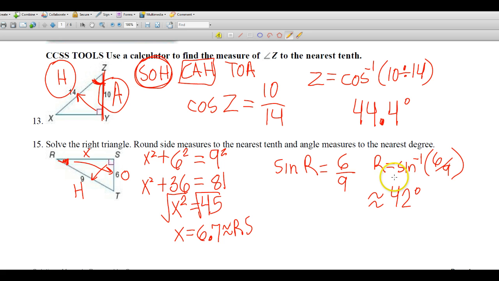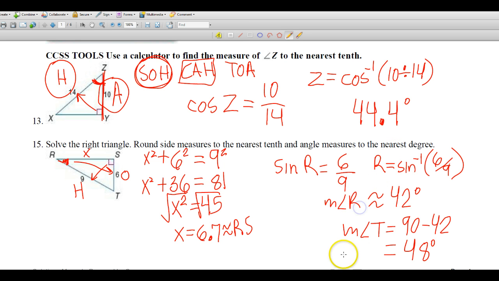And now that we know that, we can find the measure of angle T. So the measure of angle T is equal to 90 minus 42, since our acute angles must be complementary in a right triangle, and that would be 48 degrees. So we have found measure of angle R, measure of angle T, and side RS.